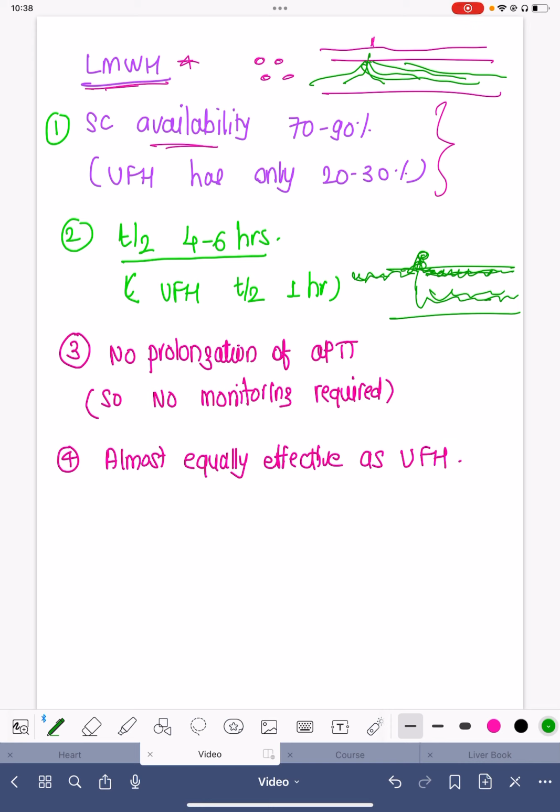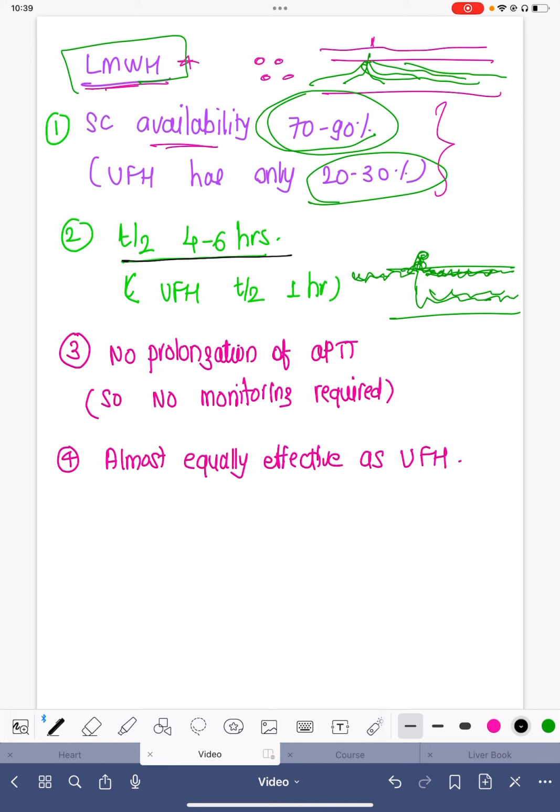But this happens much less with low molecular weight heparin because of the smaller size, so the availability is much better, around 70 to 90%, which is only around 20 to 30% for unfractionated heparin. The half-life of low molecular weight heparin is 4 to 6 hours.